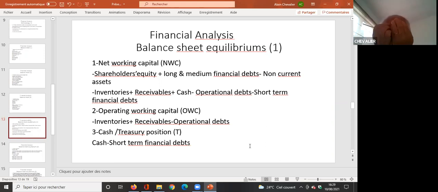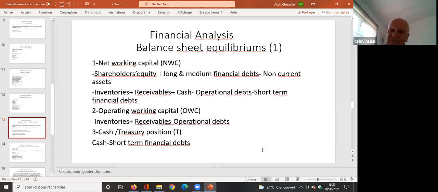And be very careful, you can make calculation without understanding what is below. That means a good equilibrium or a good ratio should bring some kind of element of answers to a question. And the question here for point number 1 of slide number 13 on net working capital is what is net working capital, in fact?